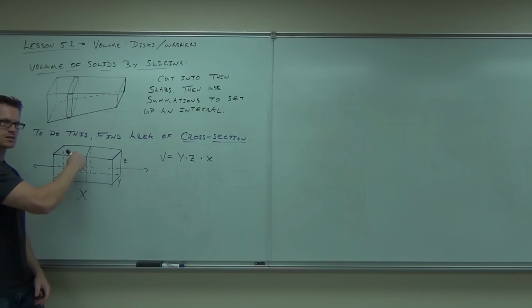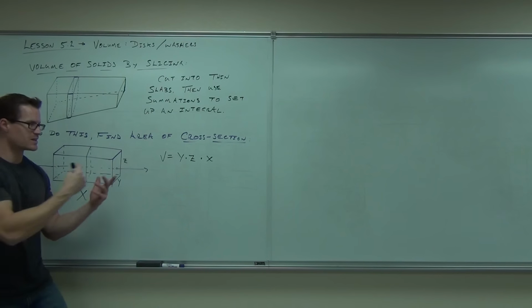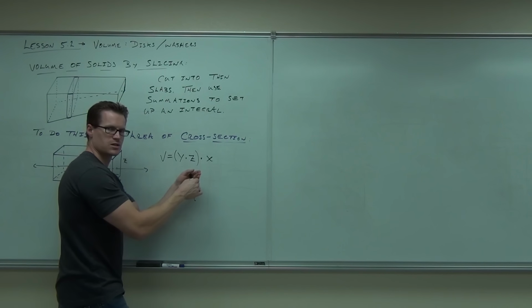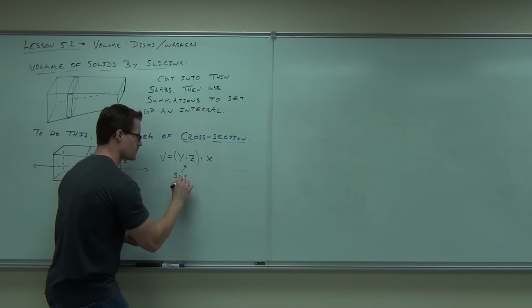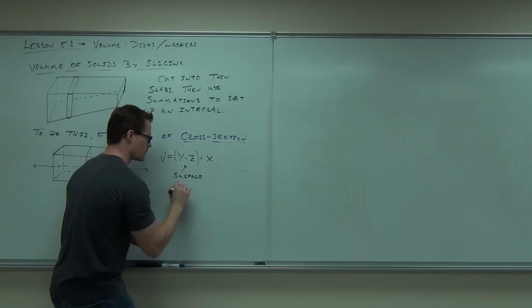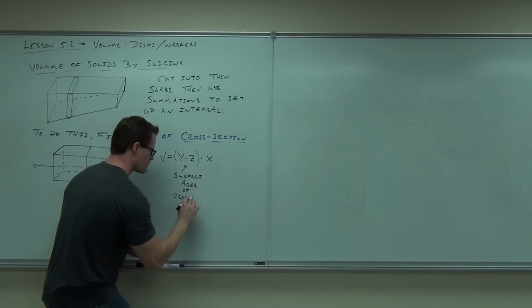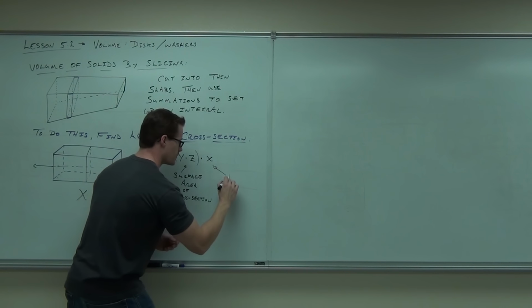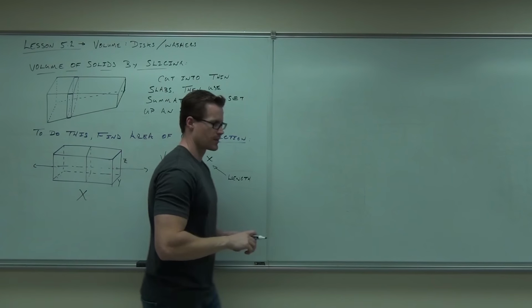Y times Z is the surface area of the cross-section. So basically this says that's the surface area of the cross-section times X, the length.